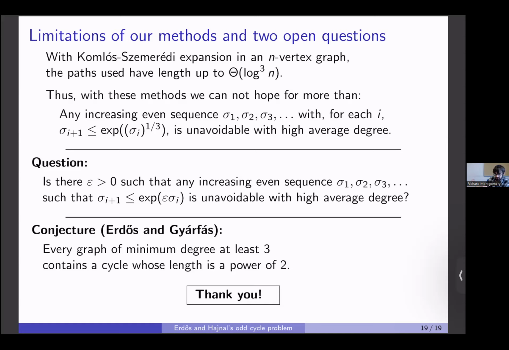The depth will be about log cubed n, say. And that will let it expand to some much larger polylogarithm in X. Okay, thank you.